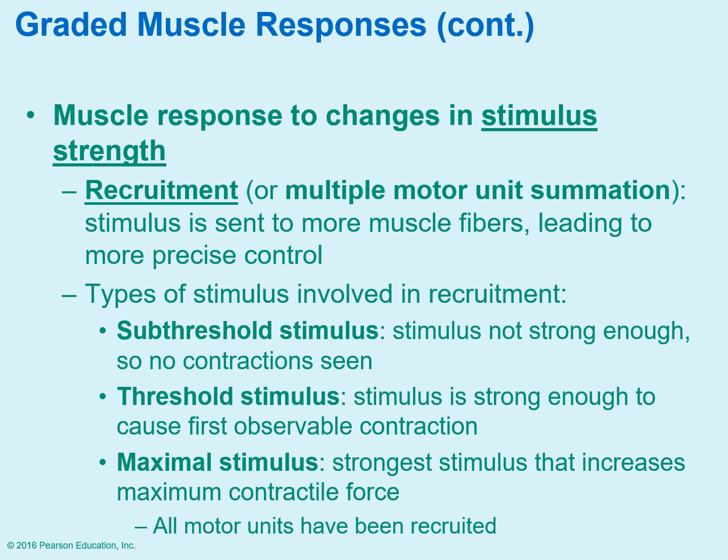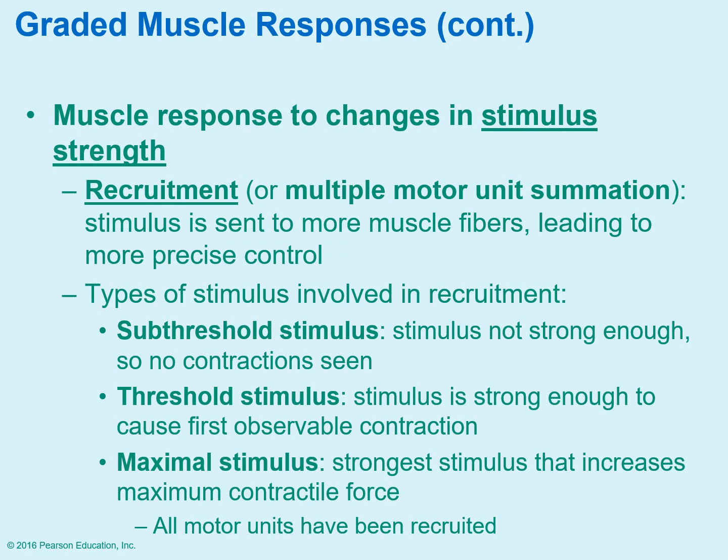Recruitment just talks about having multiple motor units. You have a stimulus coming in. There's different types. Subthreshold stimulus: that stimulus is not strong enough to generate an action potential, so you didn't reach threshold, so you don't see any contraction. Threshold stimulus: the stimulus is strong enough to cause the contraction because it did reach threshold.